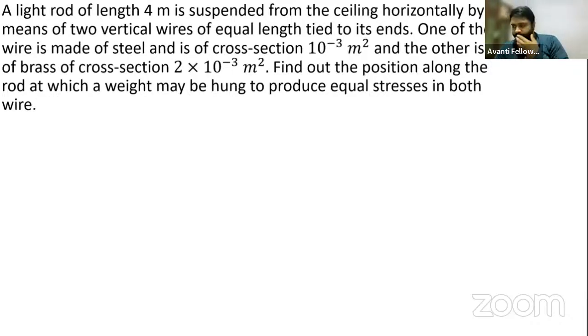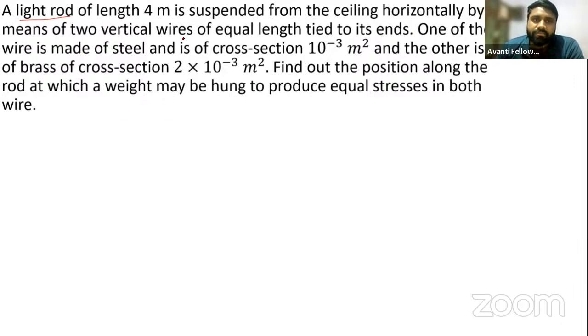Now, this question. A light rod of 4 meter is suspended from the ceiling horizontally by means of two vertical wires. This is a light rod, means its weight is not considerable. Only the length is considerable. It is suspended from the ceiling horizontally by means of two vertical wires of equal length tied to its ends.